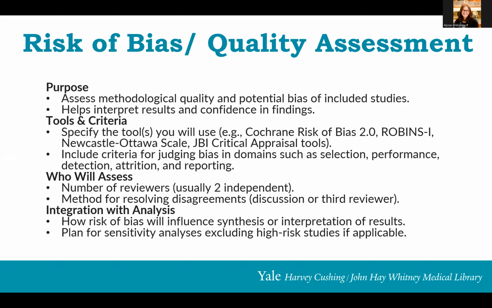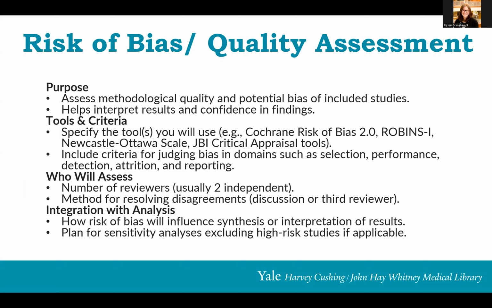Okay, so just to shift focus, for the tools and the criteria for this, you want to specify a tool that you'll use. Generally, Cochrane is seen as the gold standard. Whether their tool is better or worse than another one, I will allow you guys to make that assessment.